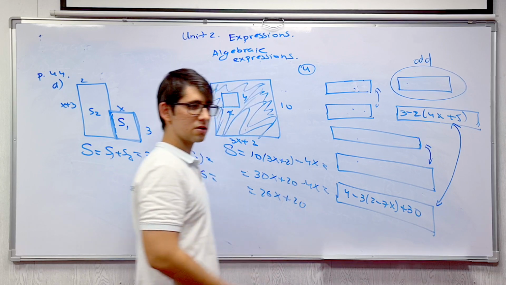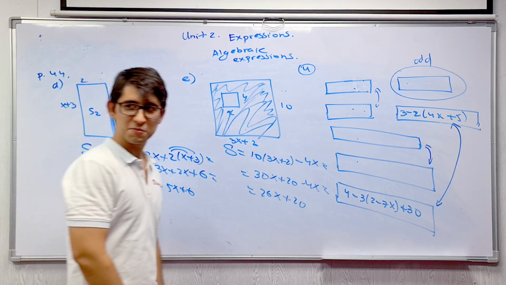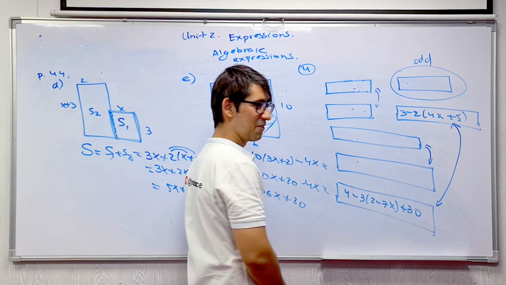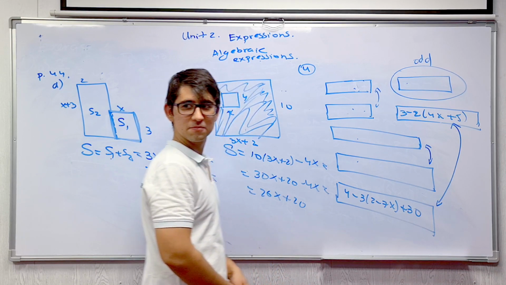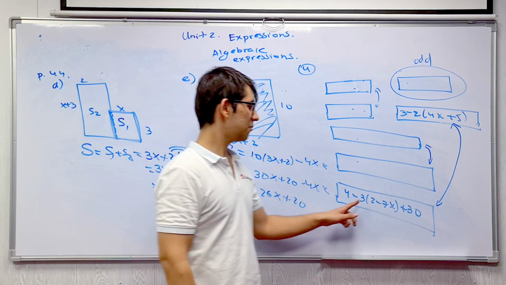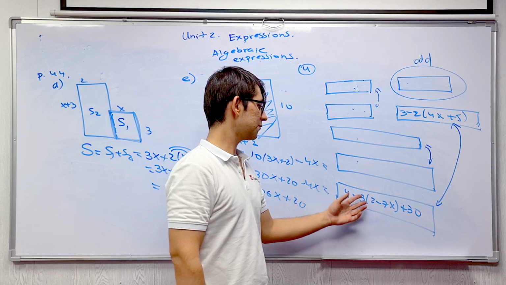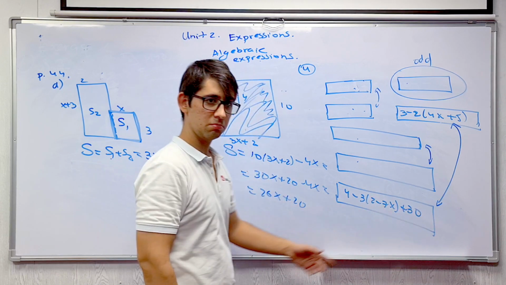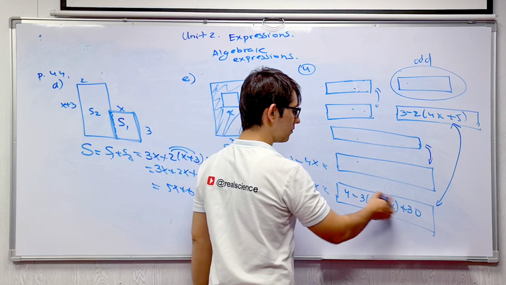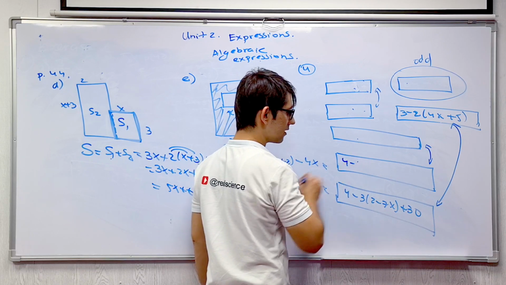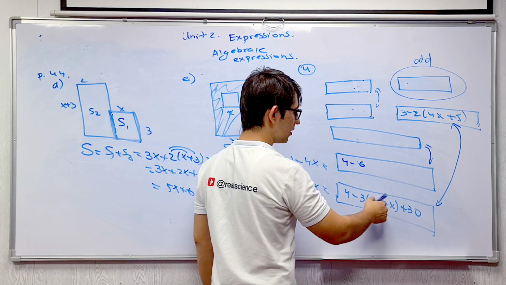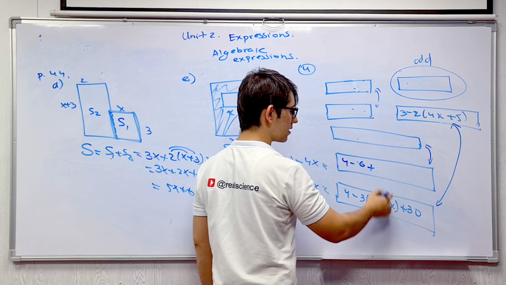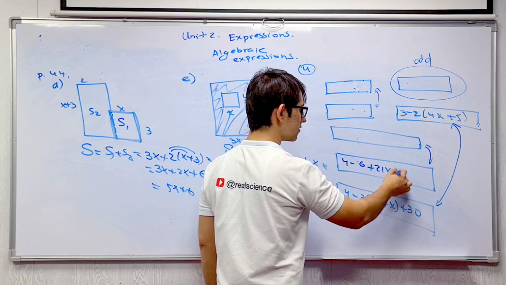What kind of expressions? Algebraic expressions. Okay? From where will you take them? From these ones, right? You have to simplify them. So, first you open the bracket and you will write 4 minus 6, right? Minus becomes plus 3 multiplied by 7, 21x plus 30.